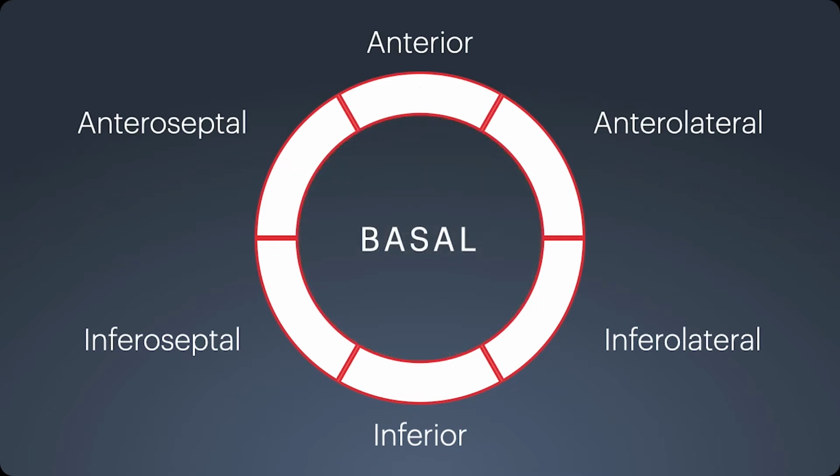So let's take a look at these. The most basal segment, that is the outer ring, takes a look at our anterior, anteroseptal, inferoseptal, inferior, inferolateral, and anterolateral segments. And so we can describe something if we say it's segment 2, or we can say it's basal anteroseptal. They mean the same thing.